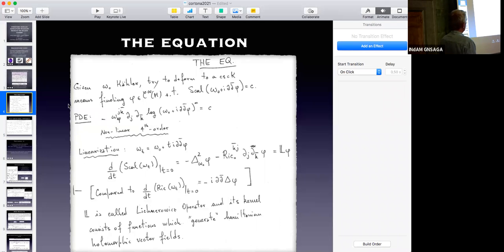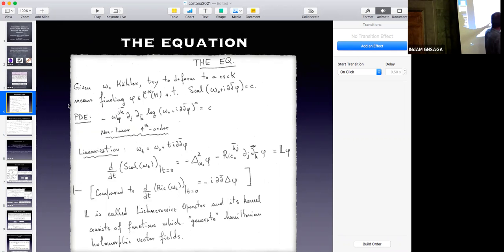So, what is more useful in terms of, for example, building a good deformation theory, so at least you start with something that you know and you try to deform, is to look at the linearization of this equation. So you build a family ωt, and then you take the derivative of the scalar curvature equal to 0, and you see what happens. Now, what happens is that this, of course, is a fourth order operator this time. This is typical.